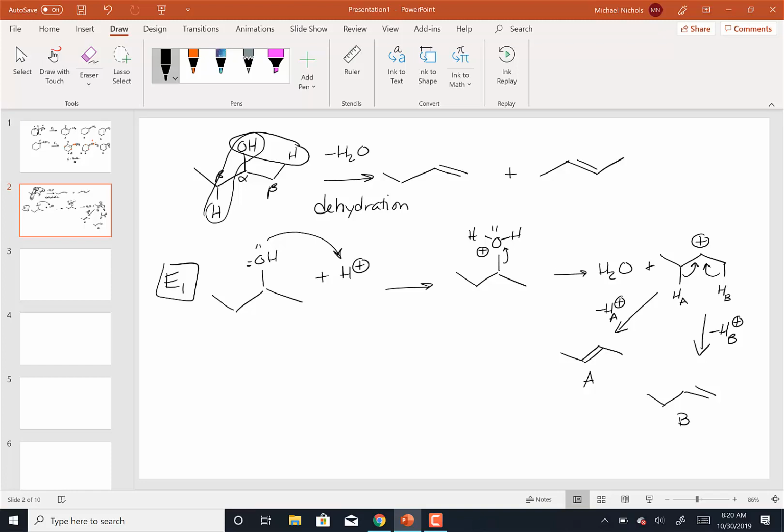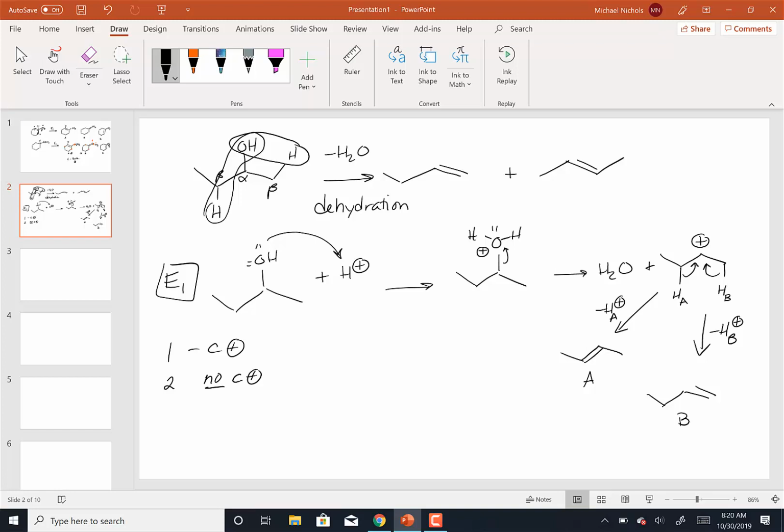Okay. So an E1 or any 1 mechanism, anything that's labeled as 1 goes through a carbocation. And anything that's labeled 2 does not. That's our definition. So 1 reactions go through a carbocation intermediate, 2 mechanisms, there's no carbocation intermediate.